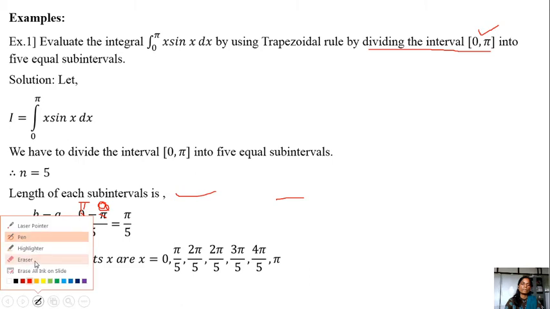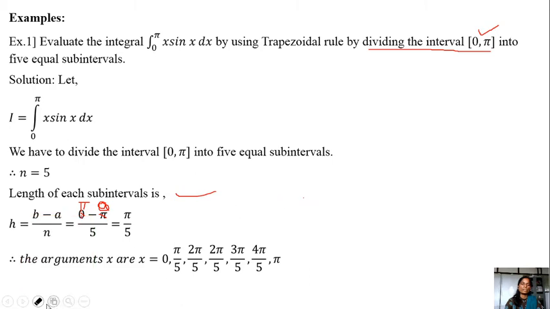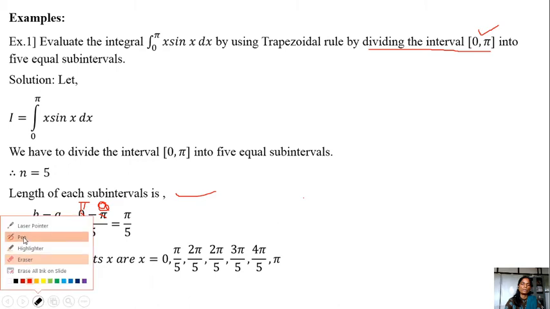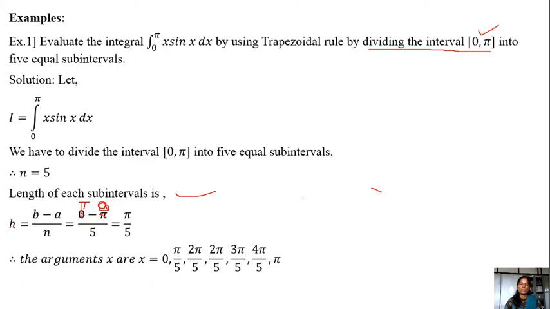Let me erase this. Which interval have we divided? Suppose here is your 0 and here is your pi, and we are dividing this into how many? This is the first interval, this is second, this is third, fourth, and last will be fifth. So 0 to the very first, the length of interval is pi by 5.